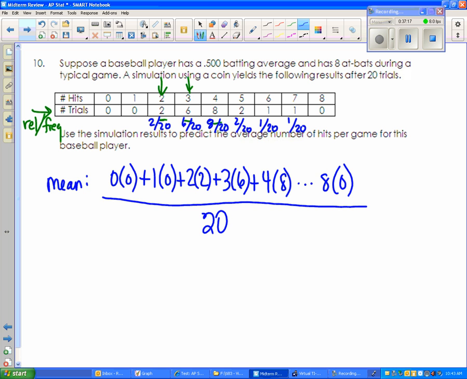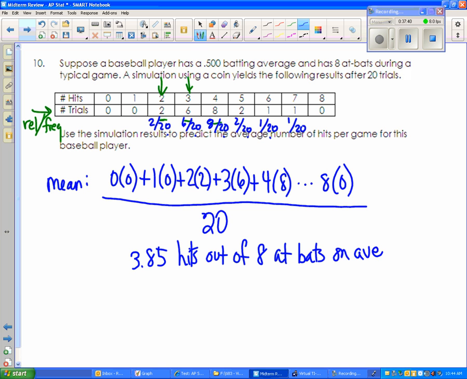And so the only difference between what we did with random variables and what I just did is that instead of dividing by 20 over and over again, I'm just dividing by 20 once. You will get the same result either way you do it, and it should be an average of 3.85 hits out of 8 at-bats on average.